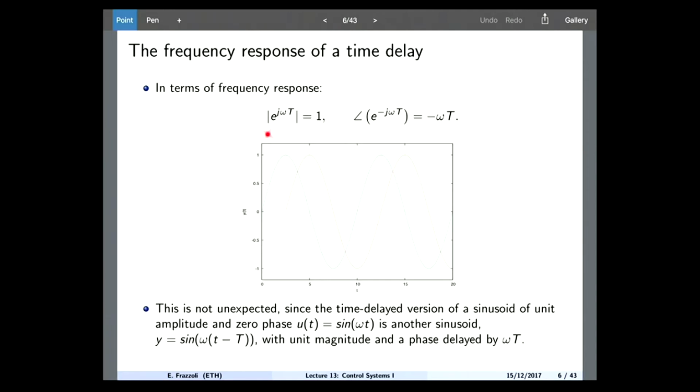You can see it also from here. If we take the magnitude of e to the power j omega T, that's something that stays on the unit circle. Why is the phase given by minus omega T and not by an inverse tangent function?